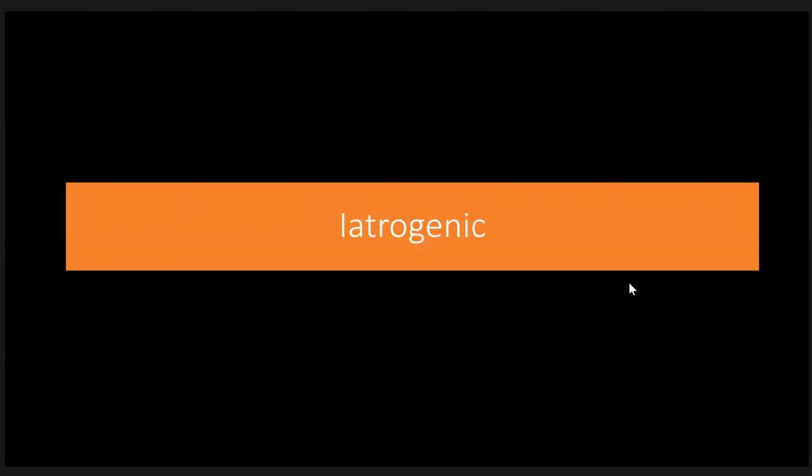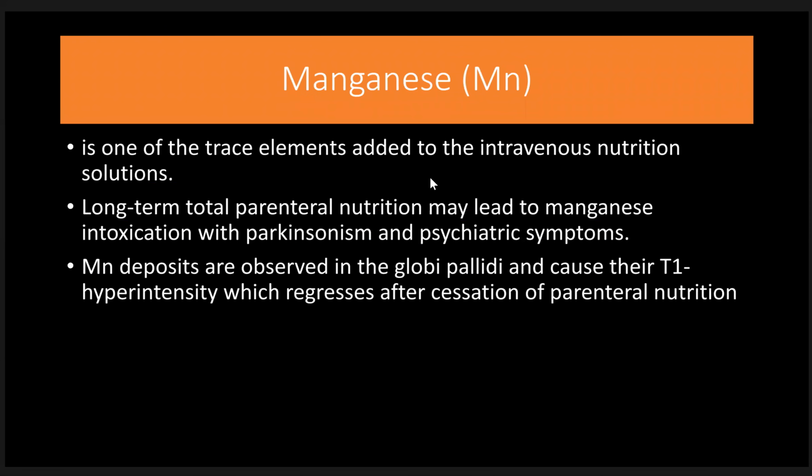Iatrogenic causes include some materials like manganese. Long-term parenteral feeding nutrition can deposit manganese, and this involves the globi pallidi and appears as T1 hyperintensity.